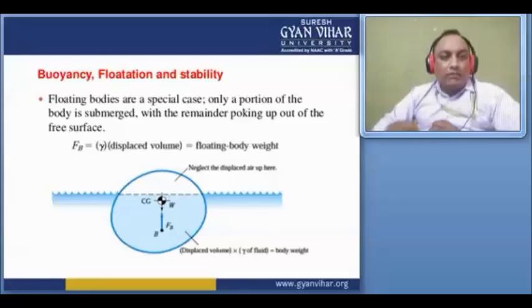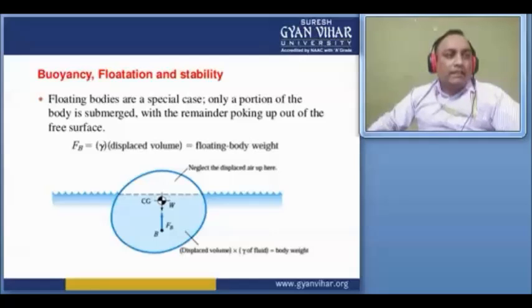And what is the metacenter? First point is, what is the metacenter? The metacenter is defined as the point about which the body starts oscillating when the body is tilted by a small angle.